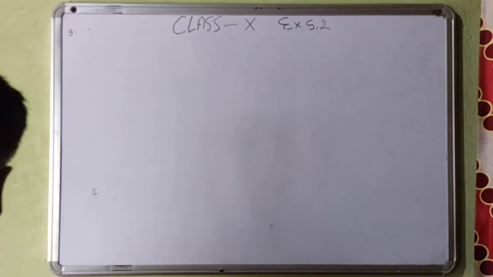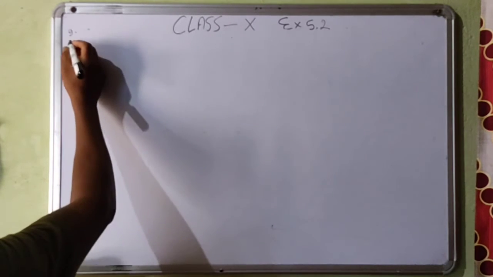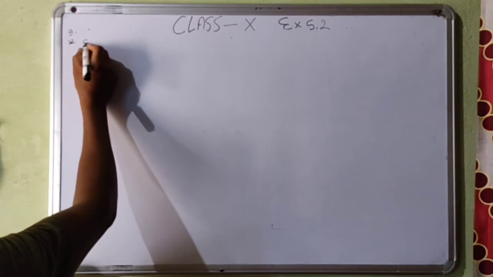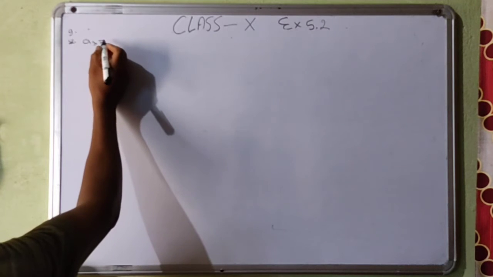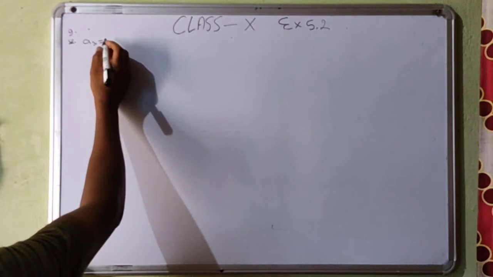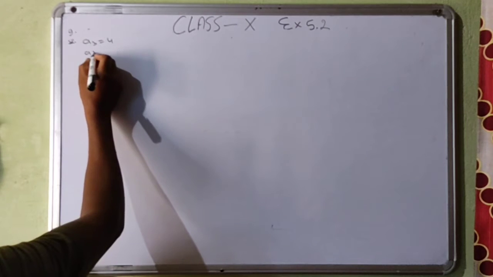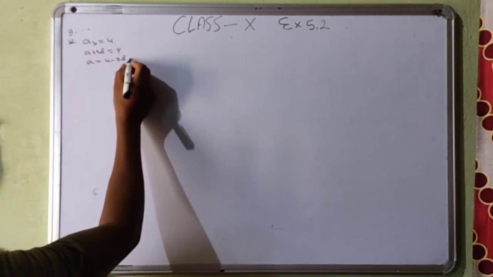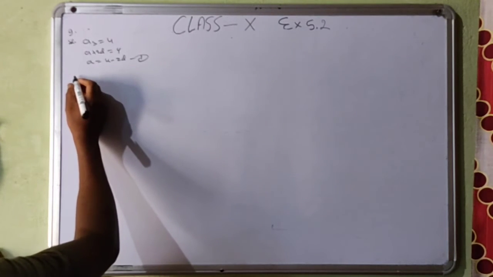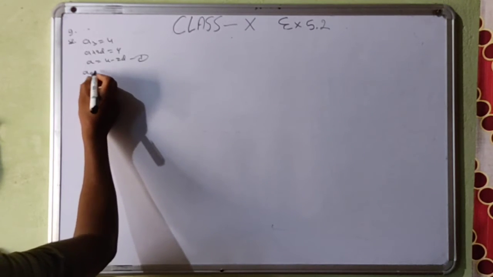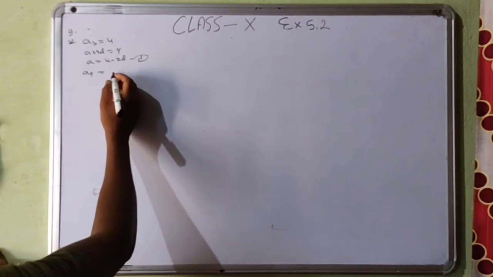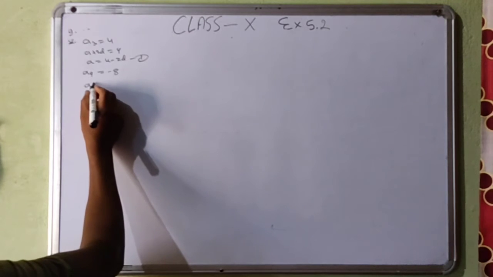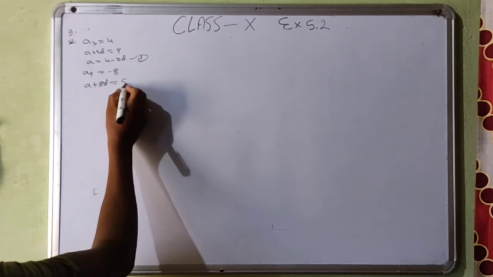So here we will write A3 is equal to 4. So A plus 2D is equal to 4. So A is equal to 4 minus 2D. This is the first equation. And then A9 is equal to minus 8. So A plus 8D is equal to minus 8.